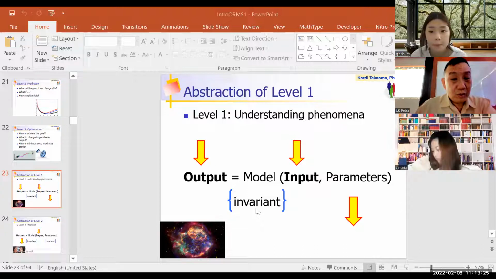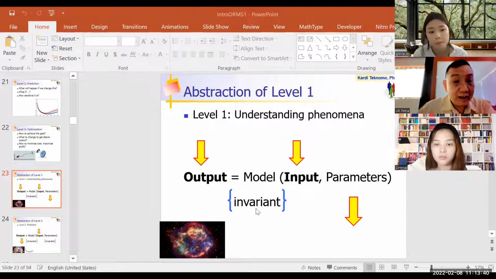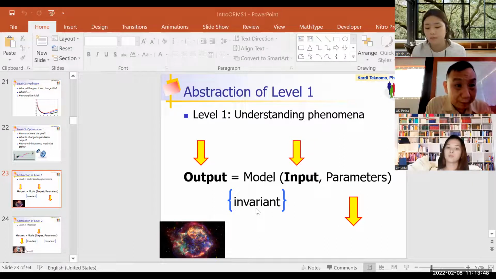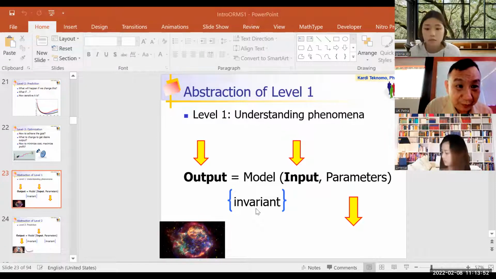Now, in this slide, I want to show you the invariance. Look at this. In level 1, you have one invariant. What is this? The invariant is the model. You don't change the model. Meaning, you decide the model and you assume that model is true.